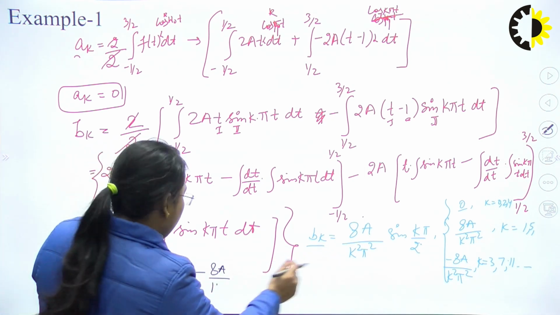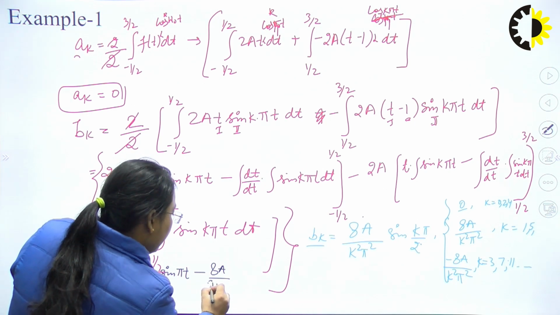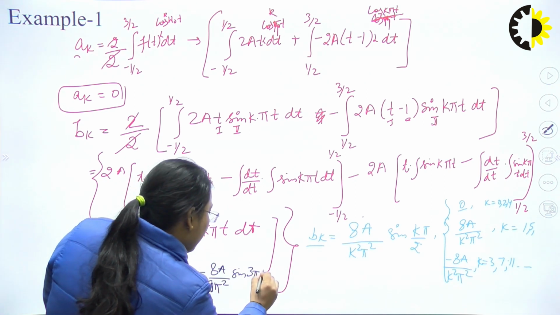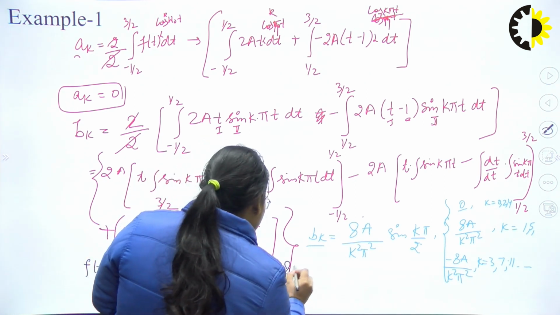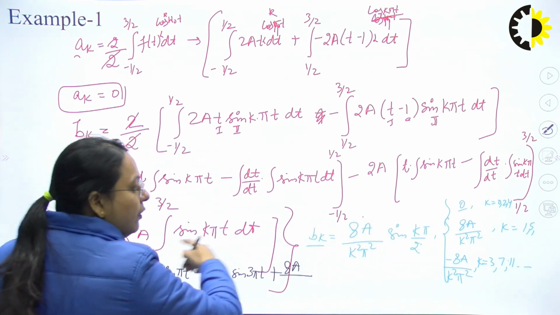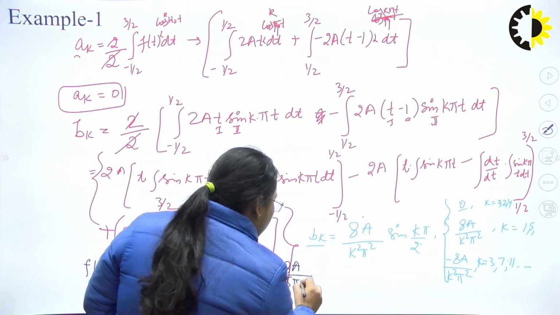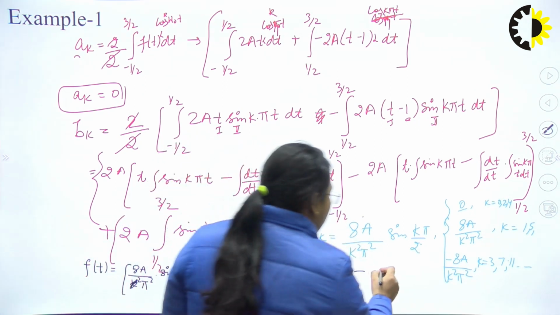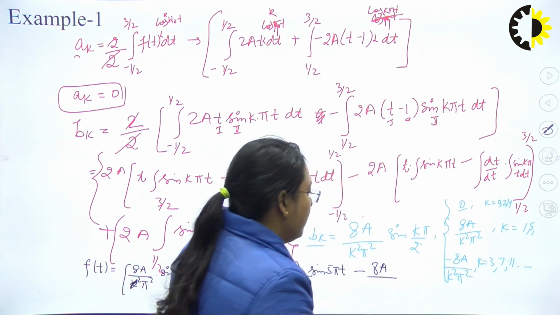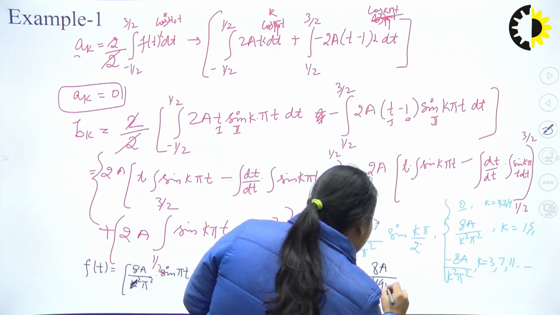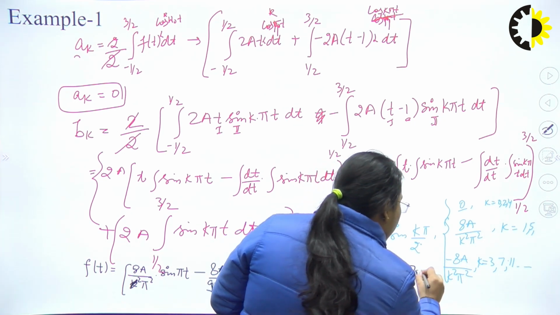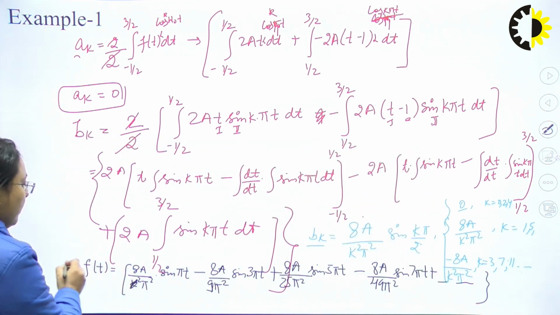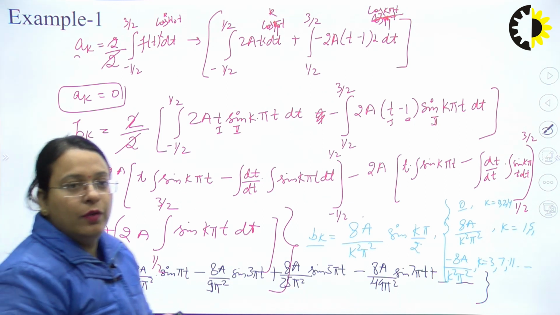Then plus again 8a upon 25 pi square into sine 5 pi t for k equals 5, similarly minus 8a upon 49 pi square into sine 7 pi t for k equals 7, and so on. So this will be the final value of the function f(t).